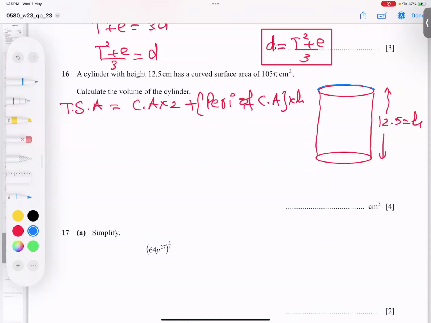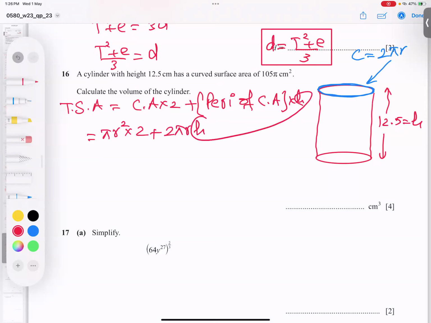This circle edge, you can look, I write in blue color the edge. This is called the perimeter of the cross area. And how to find it? The formula is 2 pi r, because the circumference of a circle is 2 pi r. So let's plug in the values. And what is the area of a circle, students? Pi r square. Pi r square into 2. And the perimeter is 2 pi r into h, which comes from here.